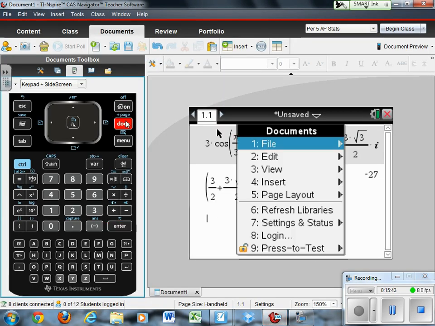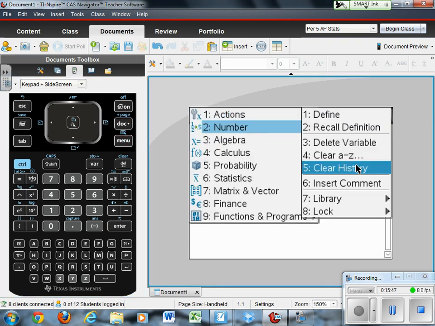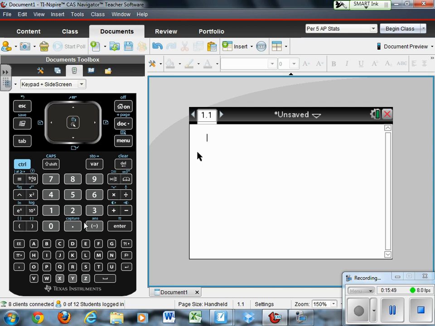Okay, so if I just type in 3 cosine of pi over 3 divided by 3, oops, that was not what I wanted to do.